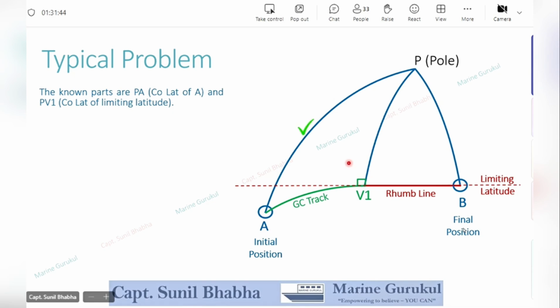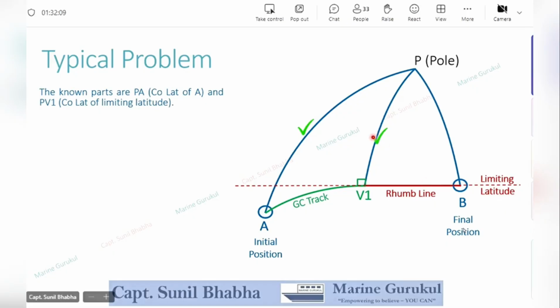The two known parts of this triangle are, number one, PA, which is the colat of our initial position. Initial position is provided to us. And the second known part which we have is PV1. This is the colat of the vertex or the colat of the limiting latitude. Limiting latitude is also provided in these questions.